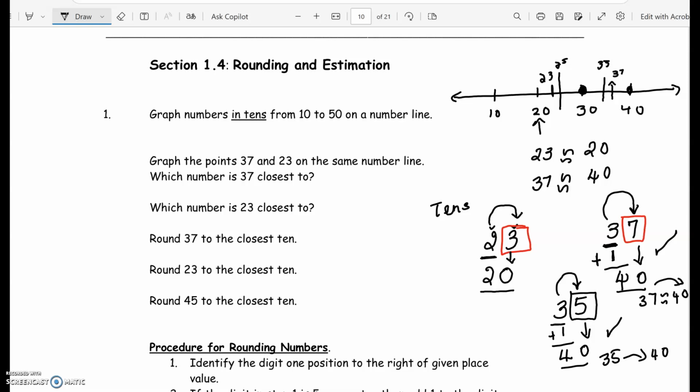Now, in the case of 23, when rounded to the tens place, it is equal to 20, which is less than 23. So that's why it's called rounding down. So in rounding down, notice that 2 remains 2. You do not subtract 1, just leave it alone.